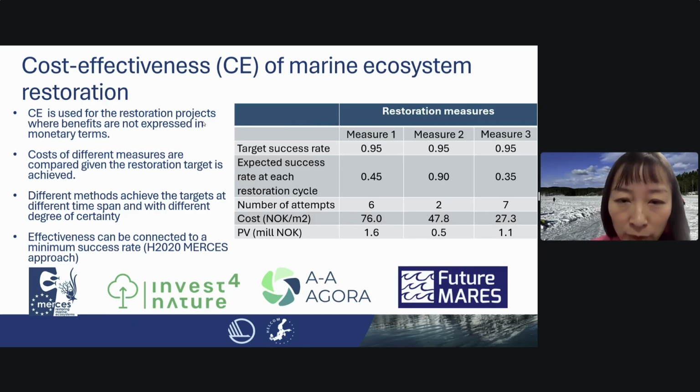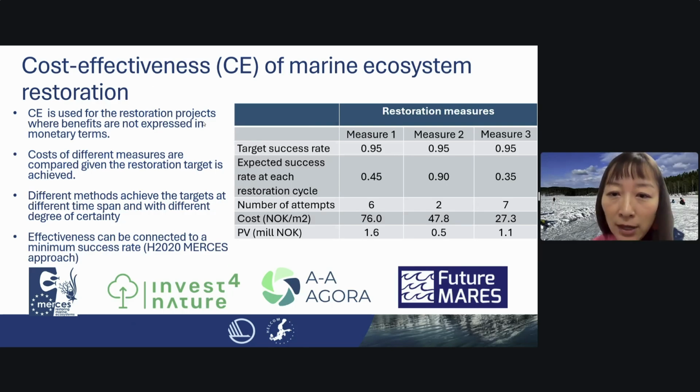So for all the measures, we set the target success rate at 95%. When we do restoration, we make different attempts, right? We restore it once, and it doesn't mean that we can reach the target success rate.